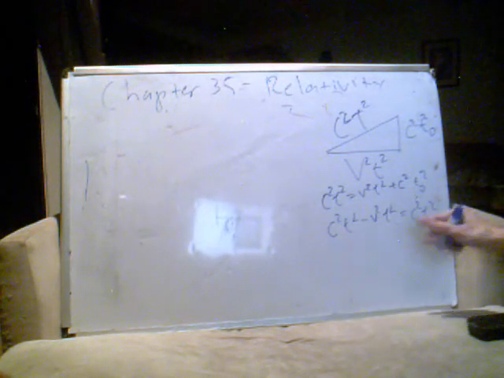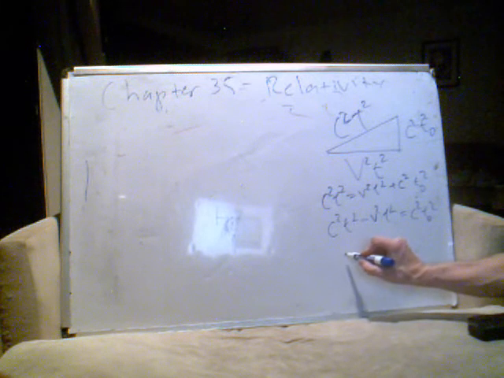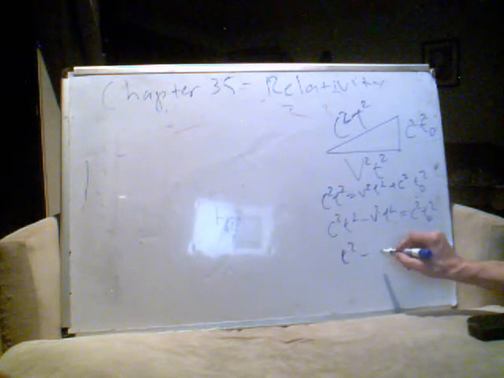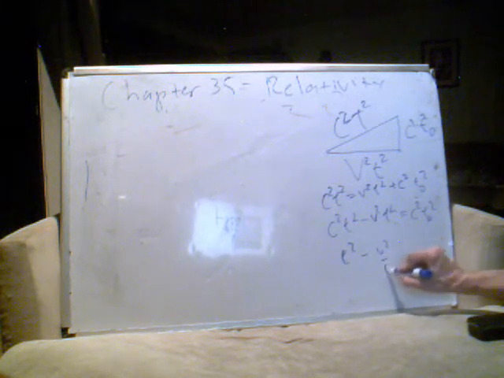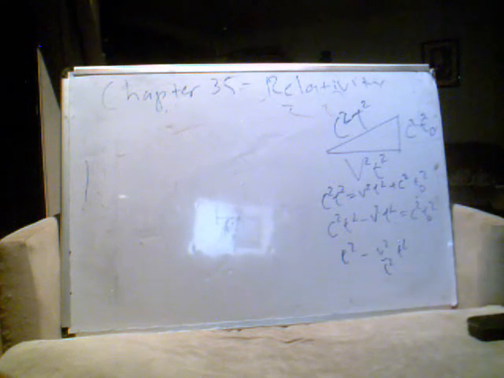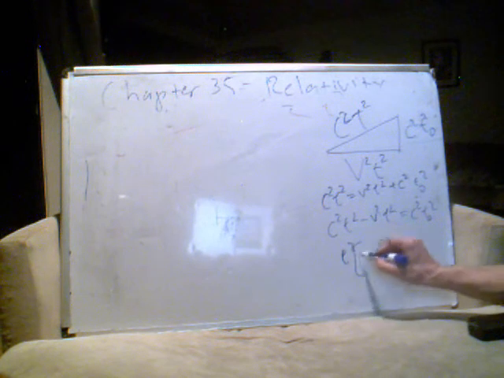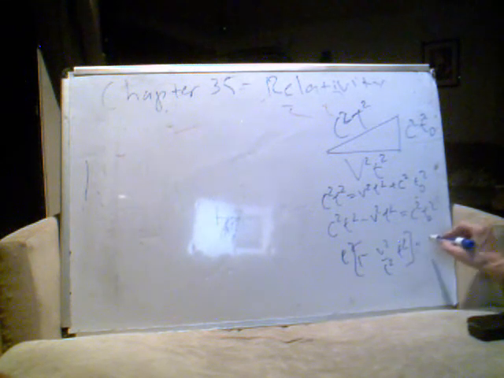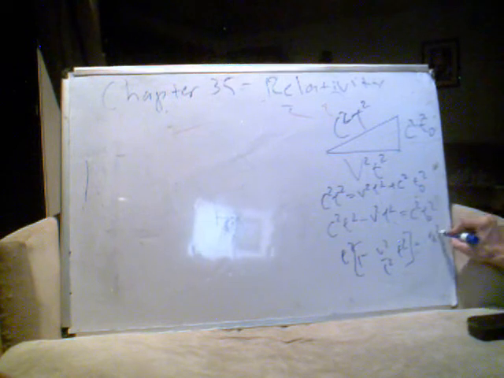Okay, now we're going to multiply through by 1 over c squared. So this is going to be t squared minus v squared over c squared times t squared, or t squared times 1 minus all of that is equal to t naught squared.